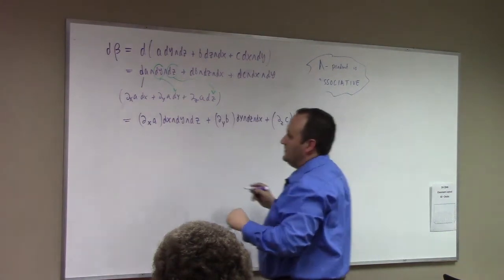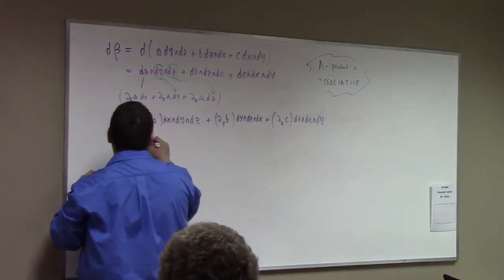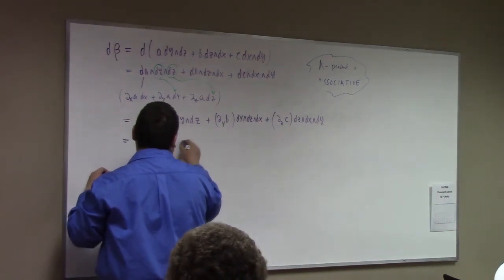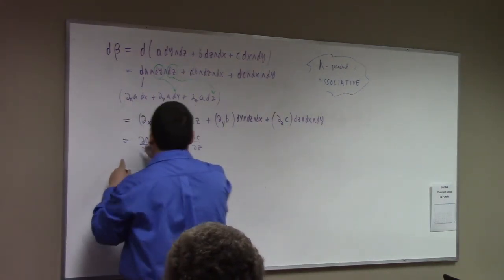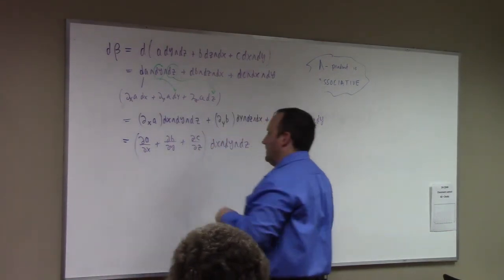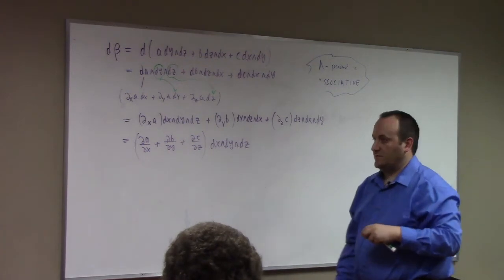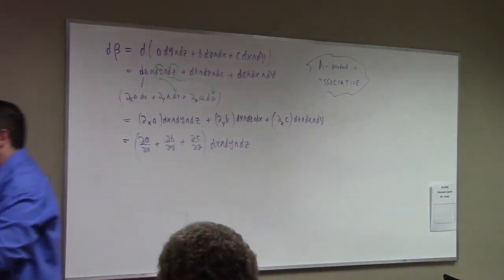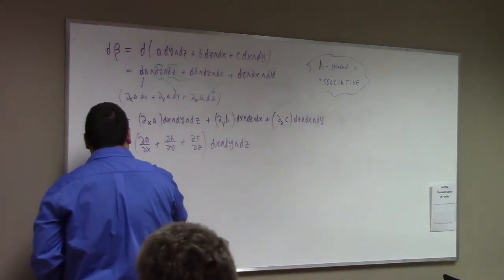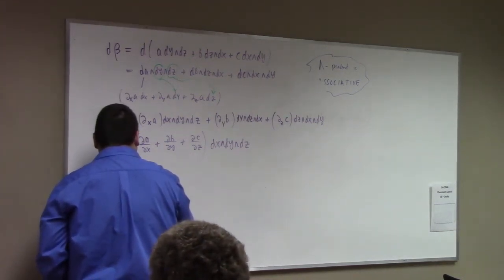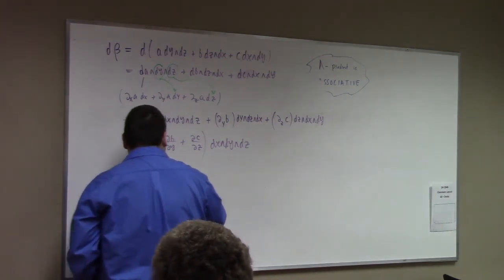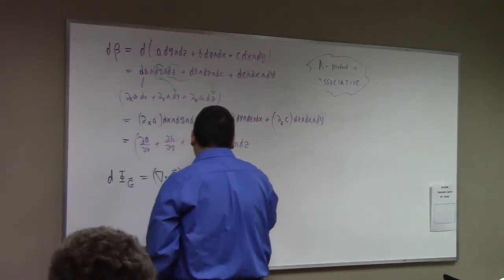But if you look at it, you can rewrite this as partial A partial x plus partial B partial y plus partial C partial z, dx wedge dy wedge dz. Indeed, that is the divergence. So we have just derived that the differential of the flux form of a vector field G is in fact the divergence of G times dx wedge dy wedge dz.